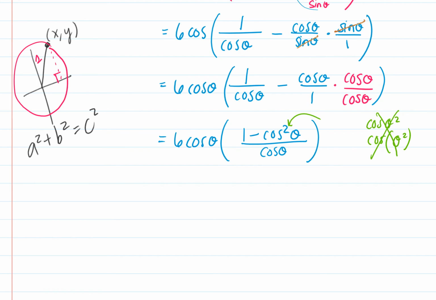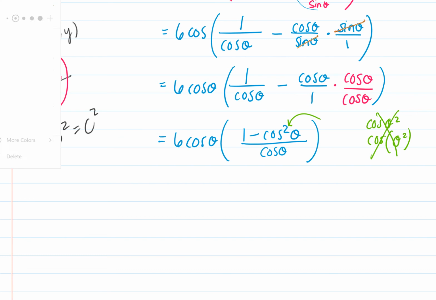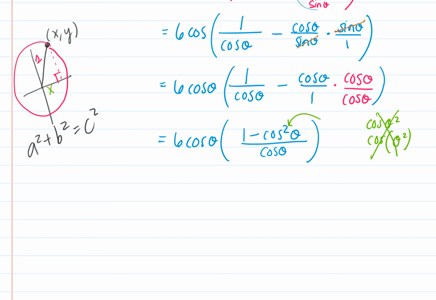So then if we're applying the Pythagorean theorem to our reference triangle, then we know that x squared plus y squared is 1 squared. And x is the same thing as the cosine of theta, so we have cosine squared theta plus sine squared theta is 1 squared is 1.